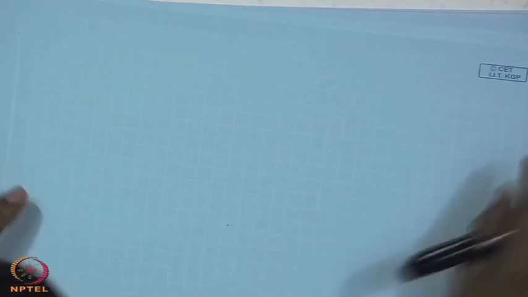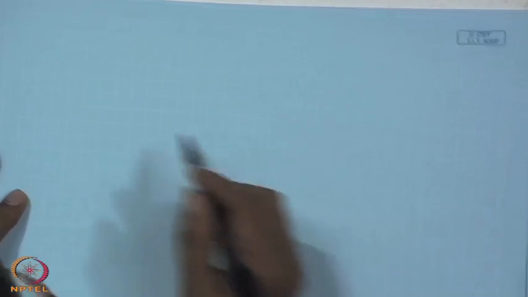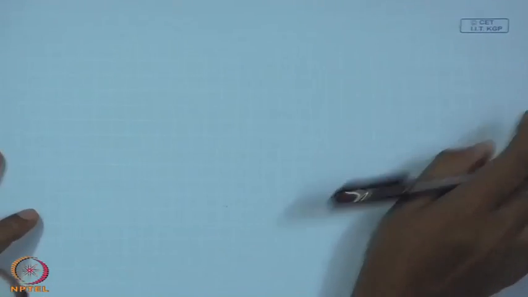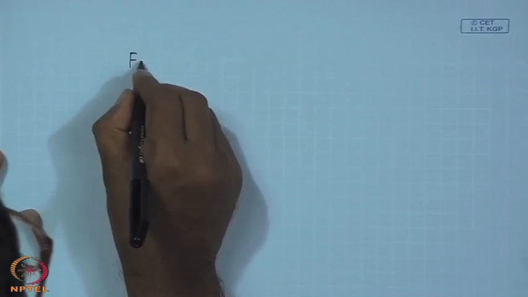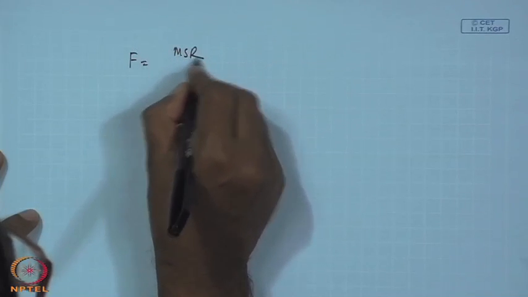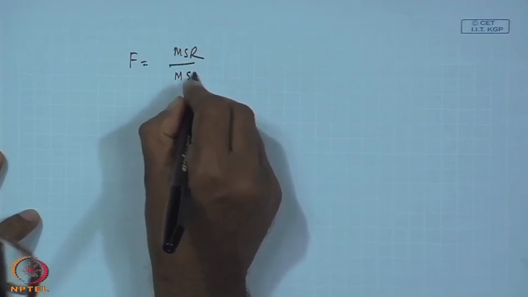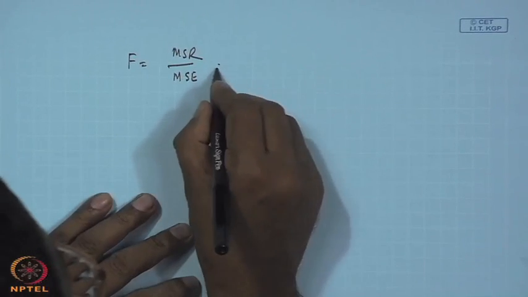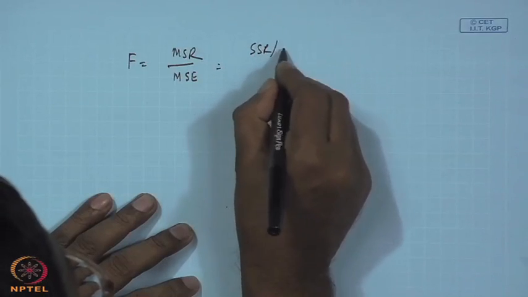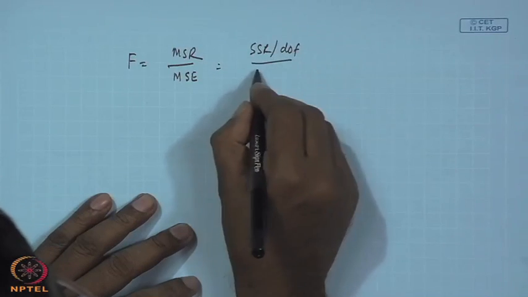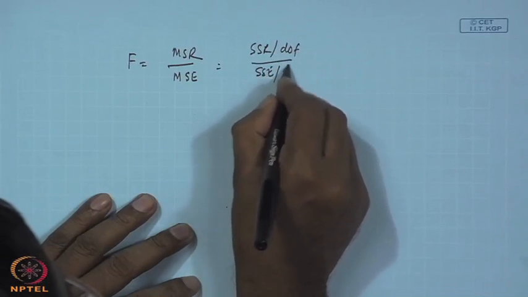Now, using this concept, similarly you can use the F test statistic. In regression we have used F as MSR by MSE, that is, SSR by degrees of freedom divided by SSE by degrees of freedom.